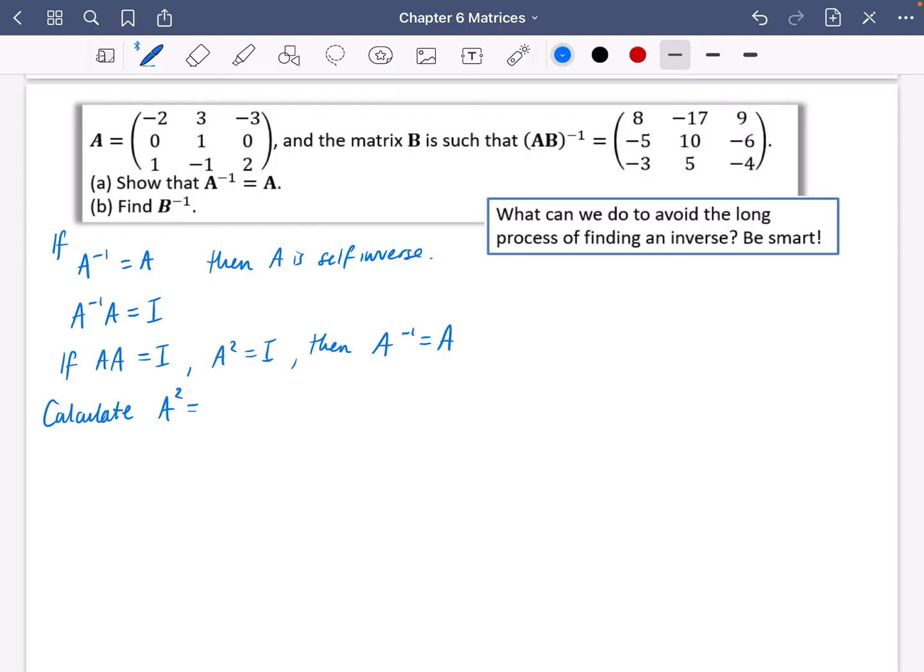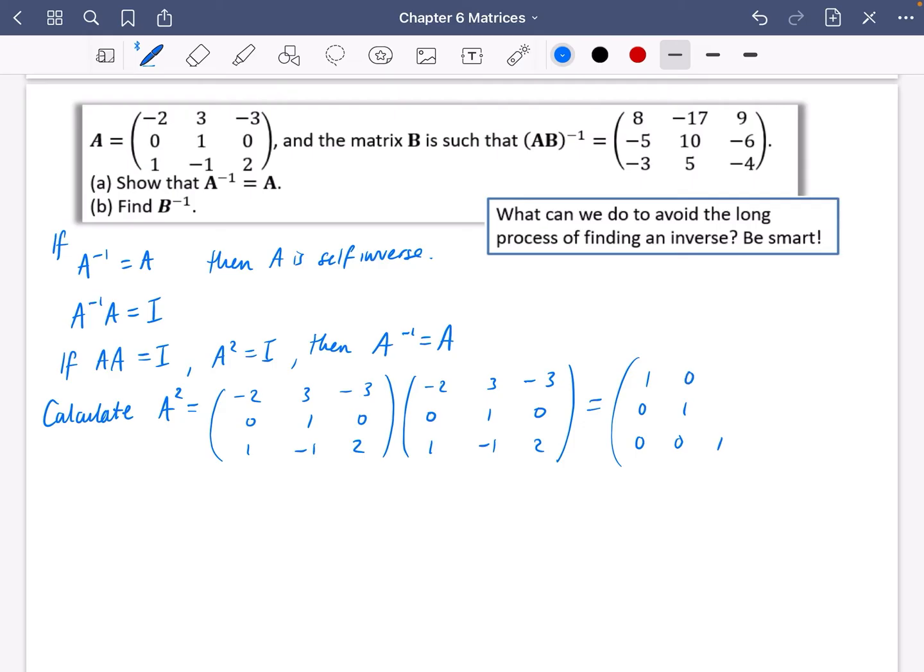Calculate A squared. So I'm just going to do minus 2, 3, minus 3, 0, 1, 0, 1, minus 1, 2. I'm just going to multiply it by the minus 2, 3, minus 3, 0, 1, 0, 1, minus 1, 2. And I know it's going to be equal to the identity matrix. If you wanted to, you could spend your whole time doing it and wasting time in the exam.